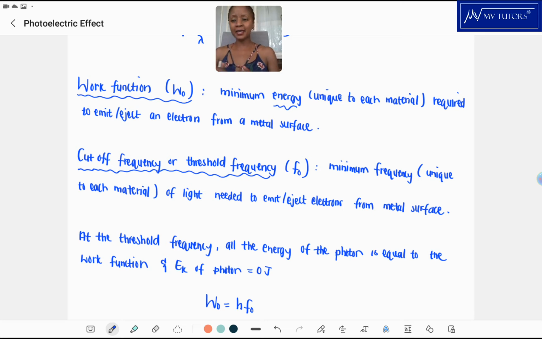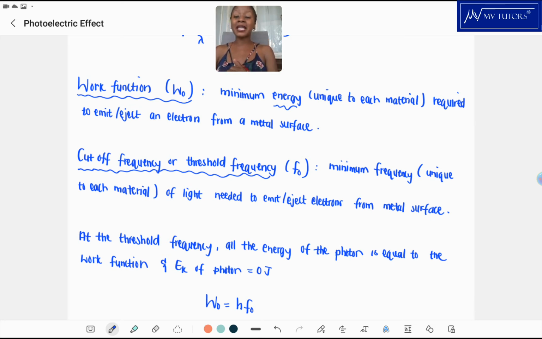Okay, basically, guys, we're talking about minimum energies or minimum frequencies required to emit an electron. So it's at a minimum. At this point, the electron is not moving yet, it is just ejected. So you have a metal surface here and you have energy, and it's like it woke up. It hasn't started moving yet.